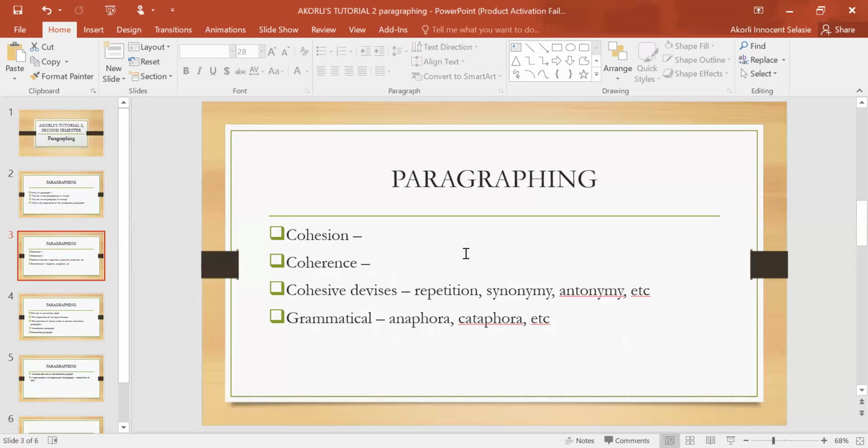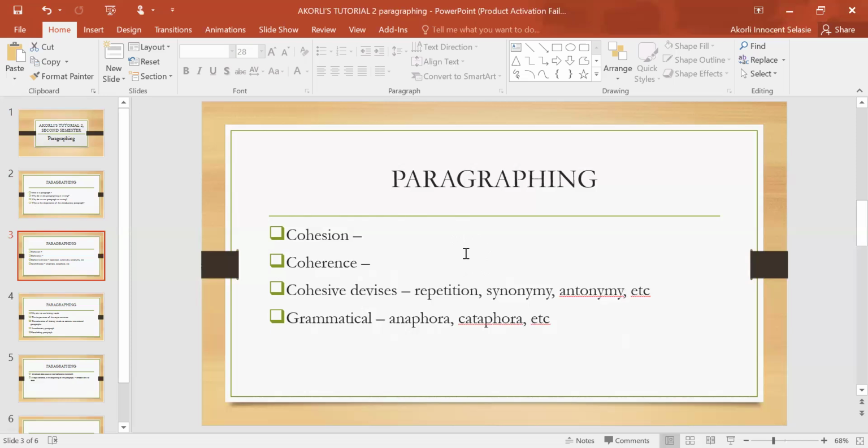Cohesion may deal with the intra-sentential connection between sentences. I-N-T-R-A. Intra-sentential, in other words, noun and noun must link together, maybe using conjunctions.